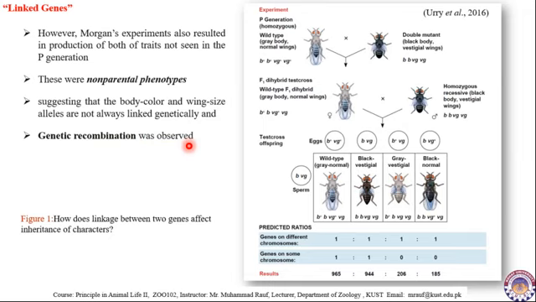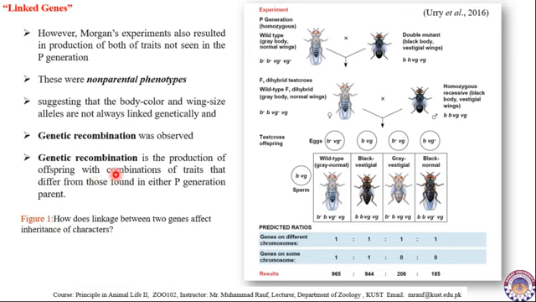It means although the majority of the individuals fall in the category of having the parental phenotype, very few individuals having a different phenotype were also reported. So it means that although the genes determining body color and wing size are located close to each other, still a certain degree of crossing over has taken place, which has resulted in the new allele combinations.